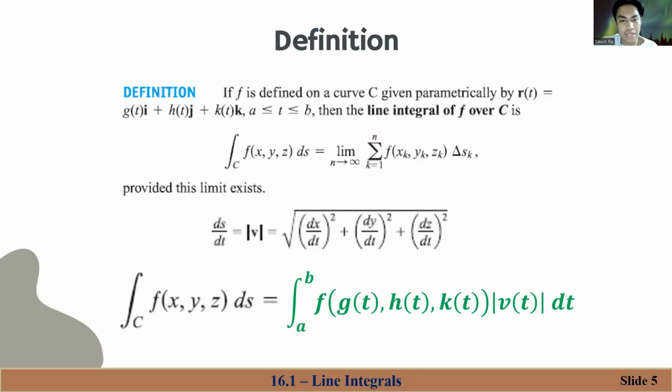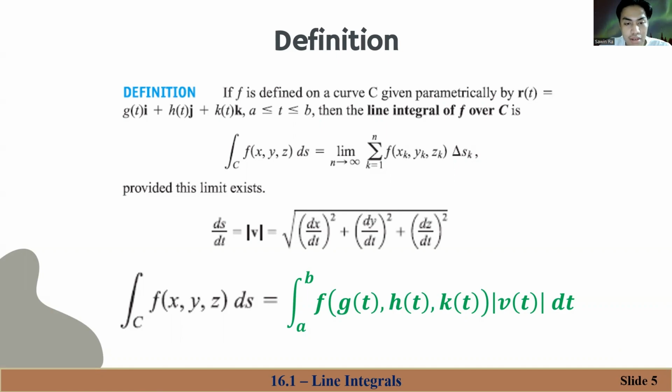So to sum up the definition, if f is defined on a curve C given parametrically by r of t equals g of t i plus h of t j plus k of t k within the range set, then the line integral of f over C is the integral over C of the function at a point x, y, z ds, equal to the limit as n approaches infinity of the sum from k equals 1 to n of the function at the point x_k, y_k, z_k times delta s_k, provided that this limit exists.